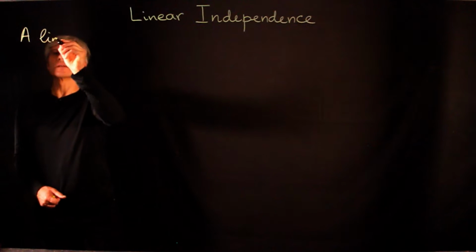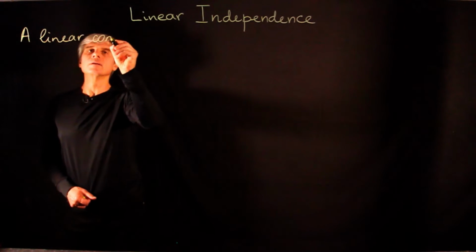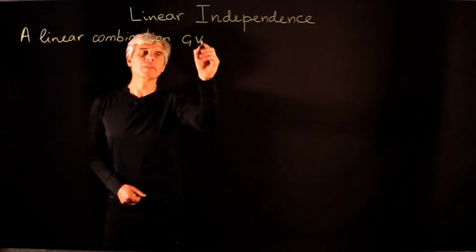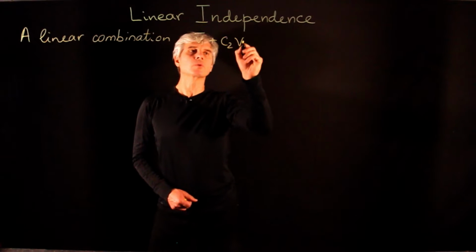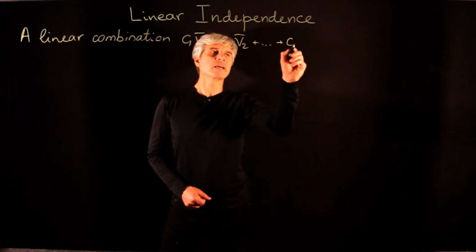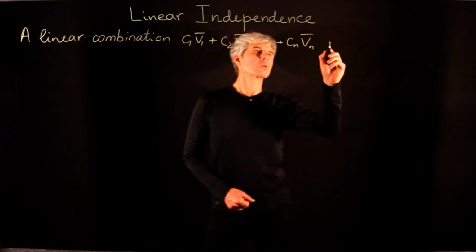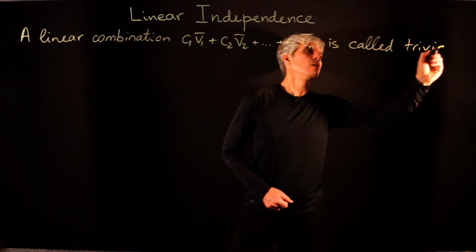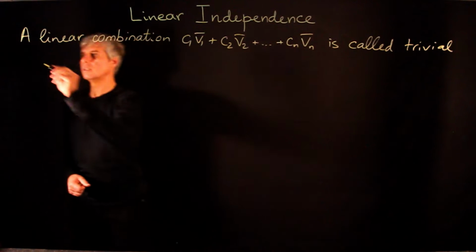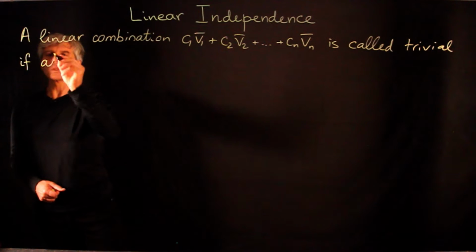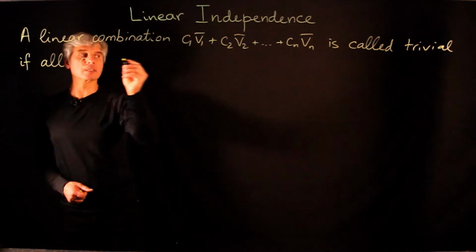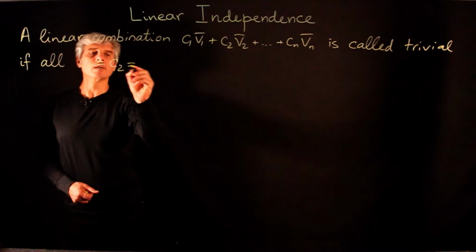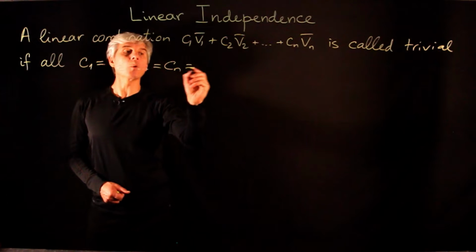A linear combination c1 v1 plus c2 v2 plus cn vn is called trivial if all coefficients ci's, so c1, c2, and cn are all equal to 0.